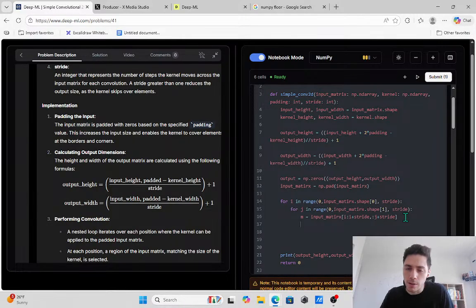And then we're taking M times kernel. And this would theoretically go into output.